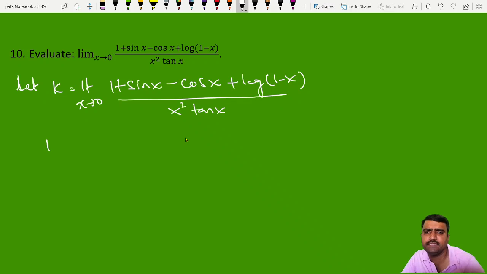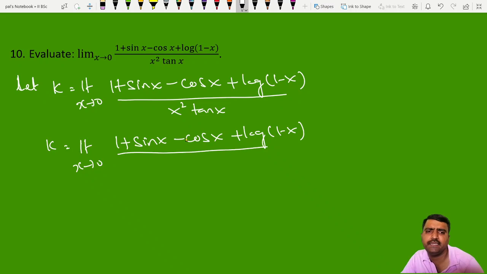So better you rewrite this, which is equal to limit x tends to 0, 1 plus sin x minus cos x plus log of 1 minus x, as it is the numerator.